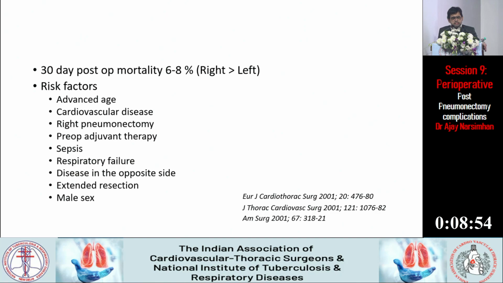So, the 30-day post-operative mortality is up to 6 to 8% in a pneumonectomy, right being greater than the left. What are the risk factors? There are 3 good articles, but these are all predominantly for malignancy.